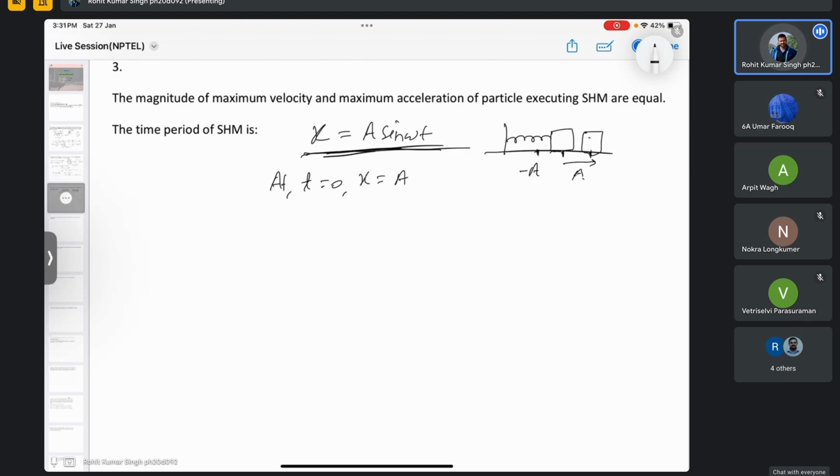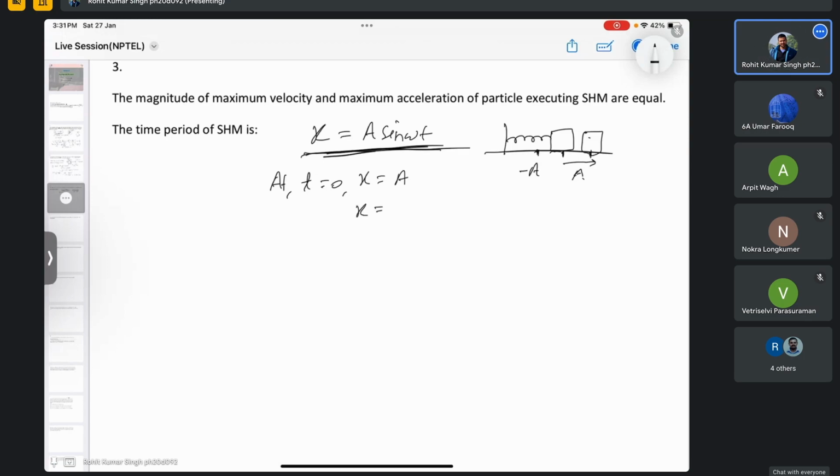At which time will it go here? It will go at some time when sine omega t is -1. Then it will again come back and go. So it will keep oscillating.